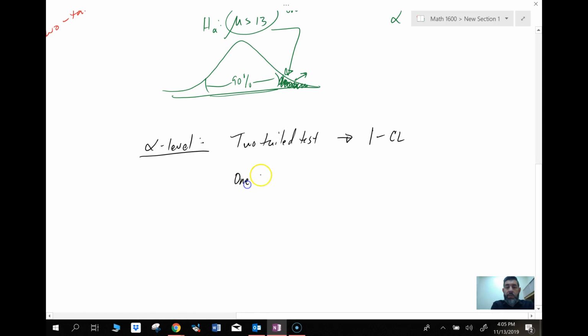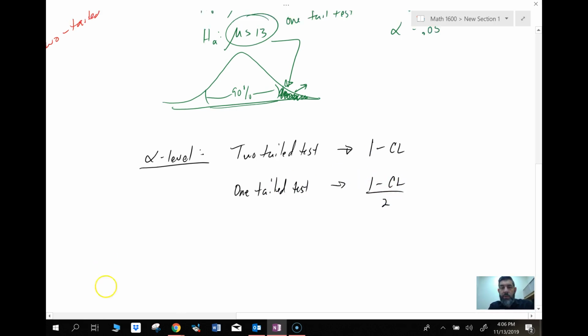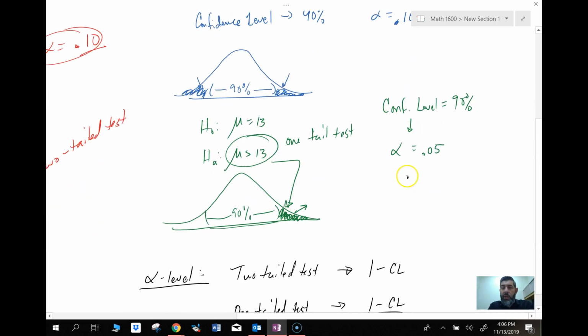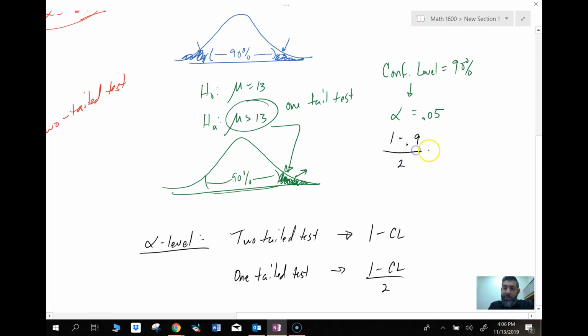For a one-tailed test, it's going to be 1 minus the confidence level, divided by 2. So like I did here, 1 minus 0.9 is 0.1. That gave me the alpha level. Here, I did 1 minus 0.9, which is 0.10, divided by 2, which is 0.05, and that gave me the corresponding alpha level.